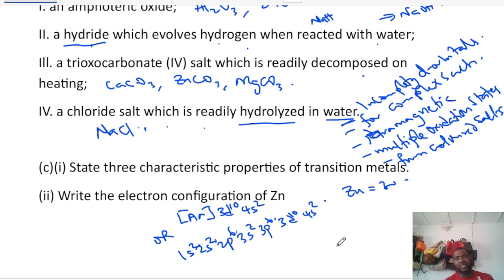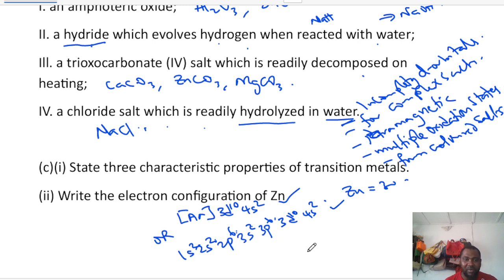Now, I want to say this. This is the configuration for zinc. Whether you write this or you write this, you are correct. But have you noticed that all the orbitals of zinc are completely filled? For example, 4s2, 3d10, all of them are completely filled.